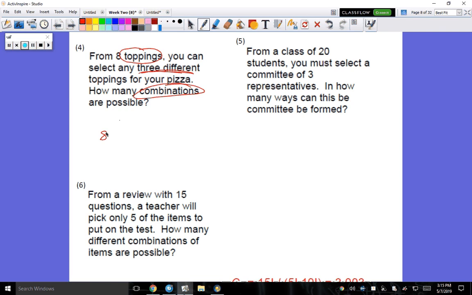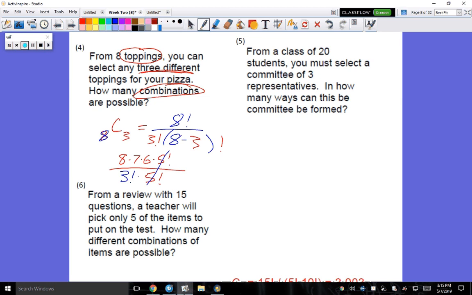You'd say combination 8 choose 3. Here we go. So 8 is on top. 8 minus 3 factorial. And then we have to divide by r factorial as well. Notice the work. 8 minus 3 is 5 factorial. So you'd say 8, 7, 6, 5 factorial. The reason I did that is because I know that these are going to cancel to a form of 1.